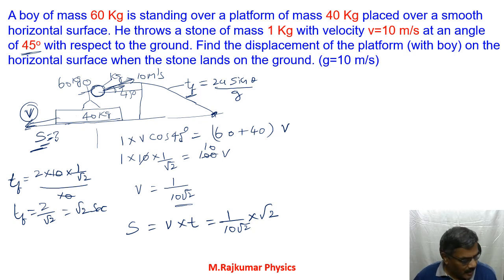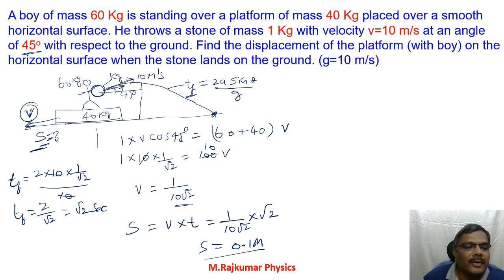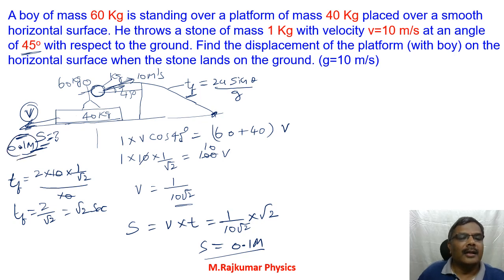Here this root 2 will cancel. You will get 1 by 10, which is 0.1 meter. So this platform will move a distance of 0.1 meter while the boy is standing on the platform and throwing the ball in this direction.